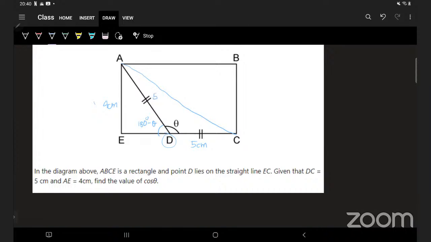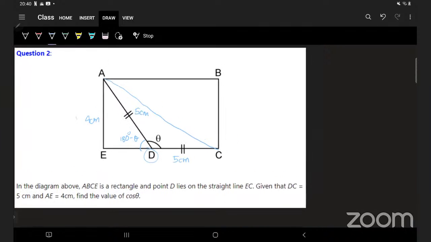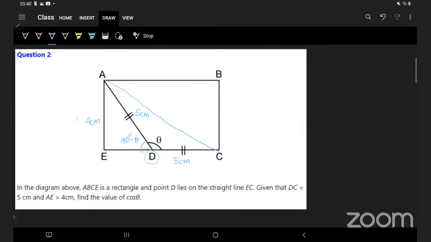So we know that this is 5 cm. Now, if we recall from the previous acronym, cos is equal to adjacent over hypotenuse.